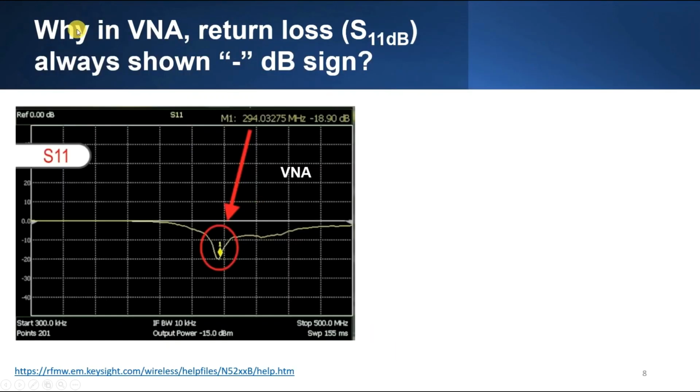Okay, so from this side, why does return loss S11 in the VNA always show a negative dB sign? When we talk about return loss, it's always a positive value, but why does the VNA always show negative? Let's say the marker here is negative 18.90 dB, and the y-axis here for S11 is a negative value as well in dB.